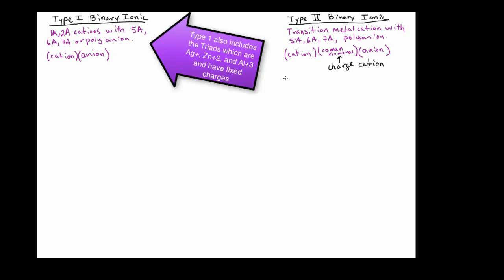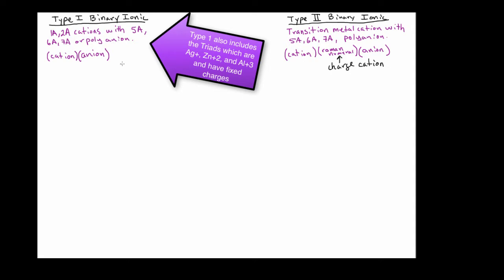The word binary simply means that we're dealing with two different types of ions, a unique cation and a unique anion. The type 1 binary ionics involve the 1A and the 2A cations, the metal cations that have fixed charges, combined with either a 5A, 6A, 7A anion or a polyanion.